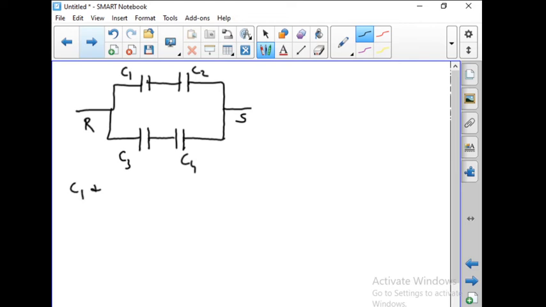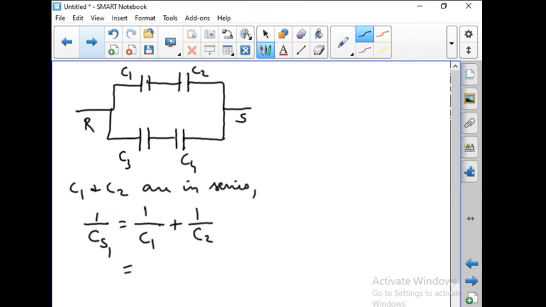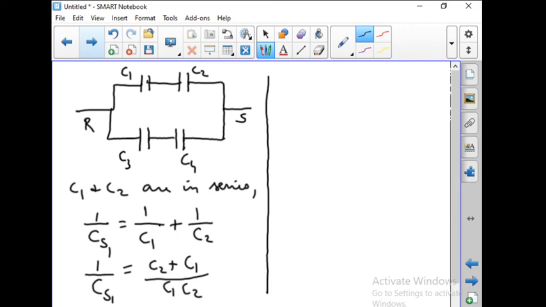Therefore, 1 by CS1 is equal to 1 by C1 plus 1 by C2 is equal to C2 plus C1 by C1 C2, or CS1 is equal to C1 C2 by C2 plus C1.